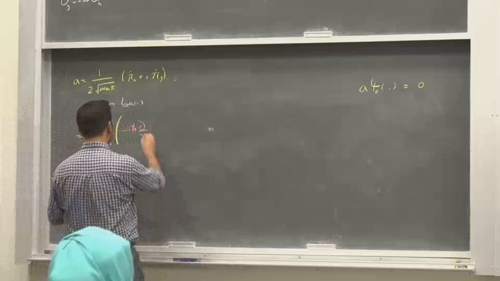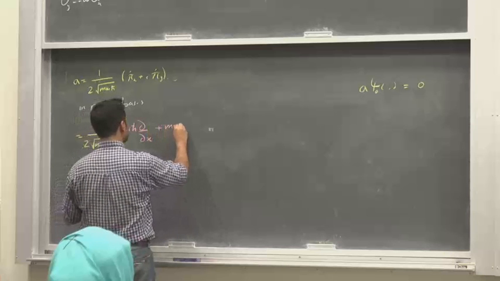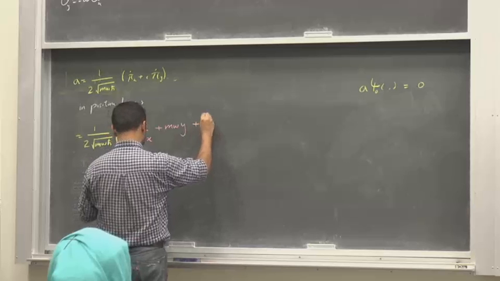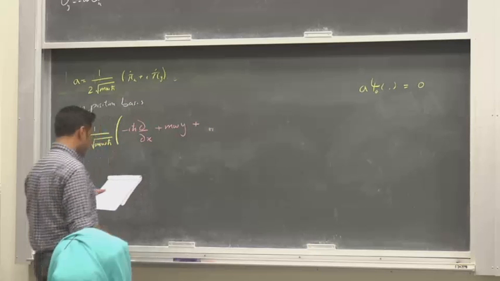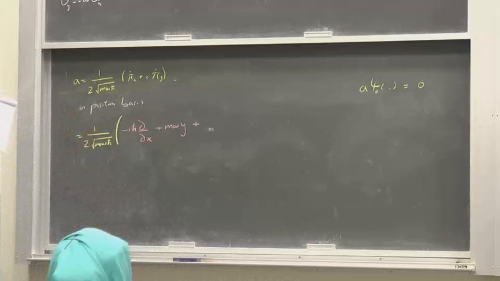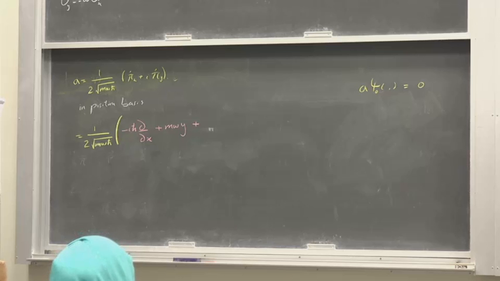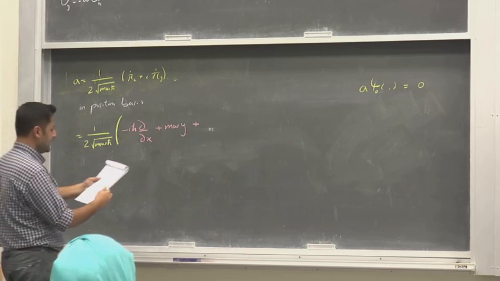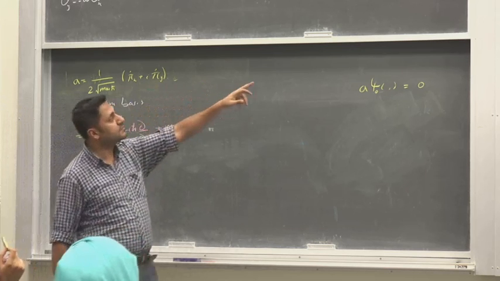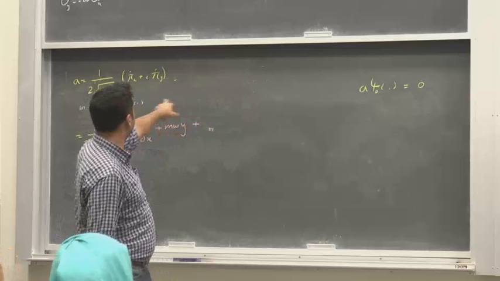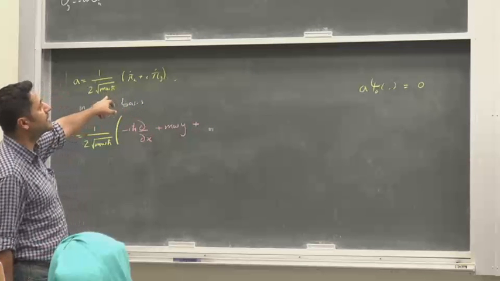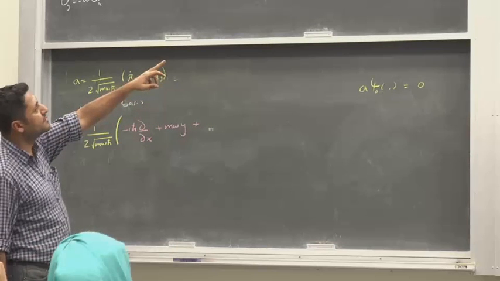So I get, and plus I, and then I have P y है, pi y है, pi y is Py.